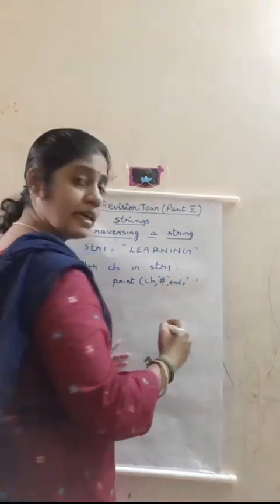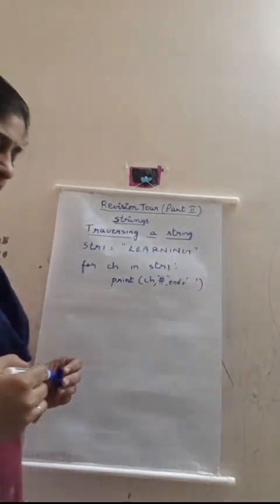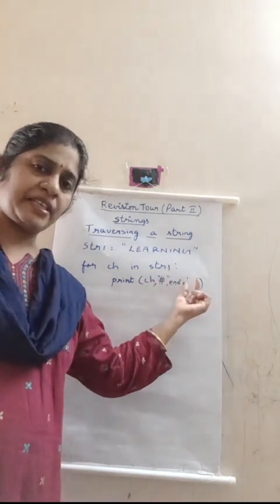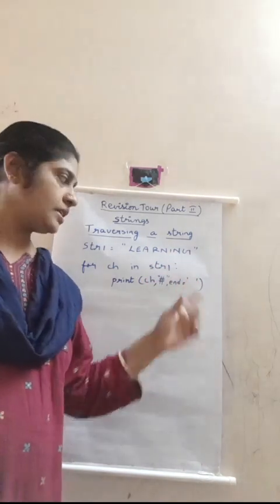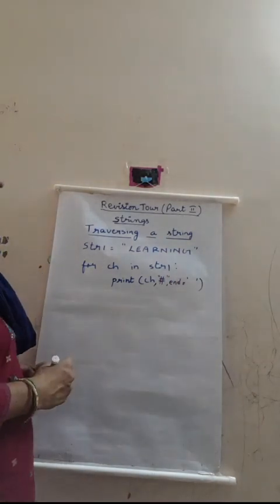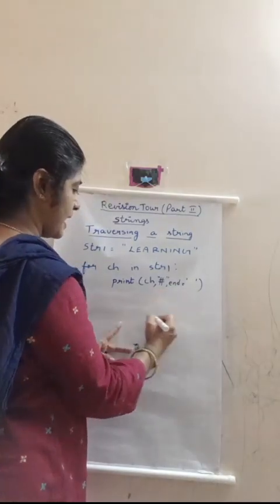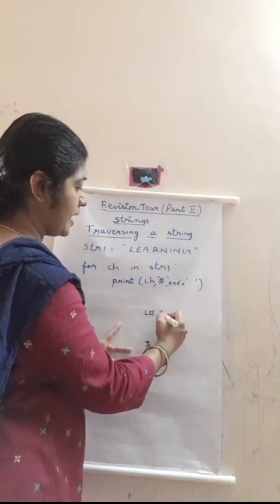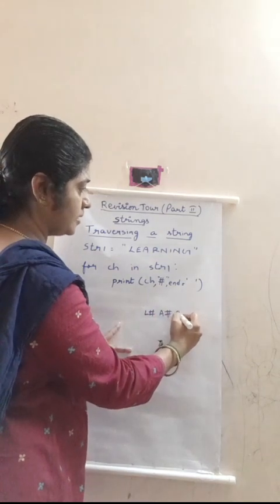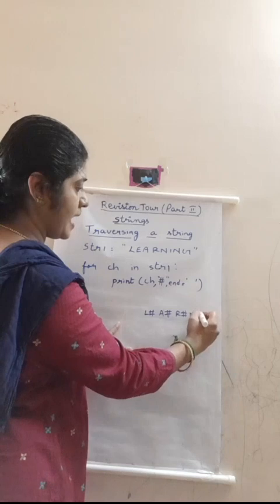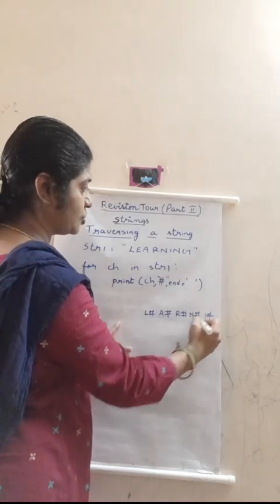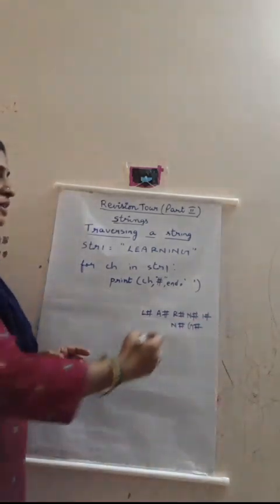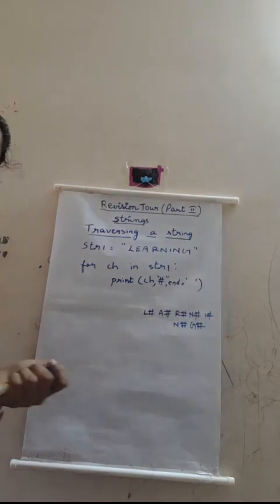Just in the same line I want to display, so instead of going to the next line, in the same line it will get displayed as L hash A hash R hash N hash I hash N hash and G hash. Like this it will be displayed in the same line.